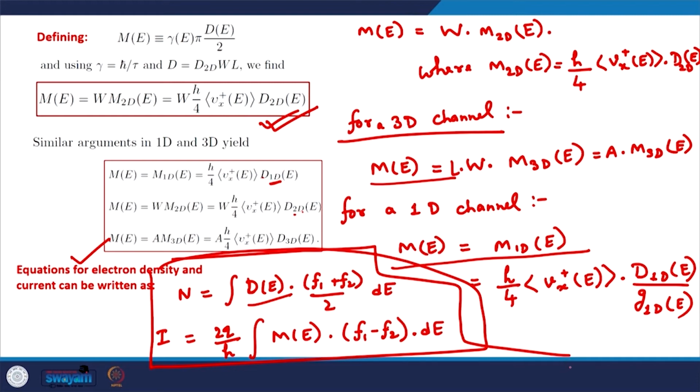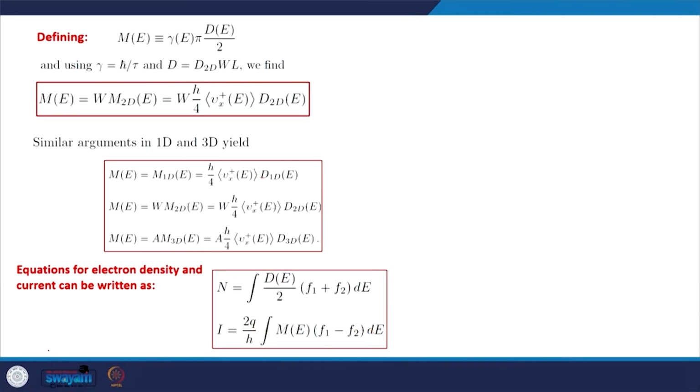Now there is an interesting way of looking at the modes in the channel, and that's what we'll do now. So if we start with this expression, let's take the case of a 2D channel. Our device looks like this.